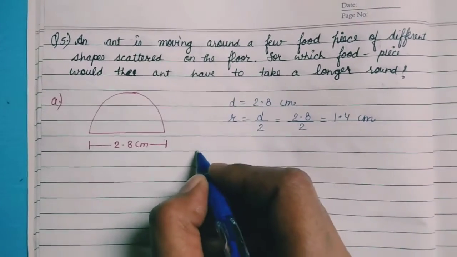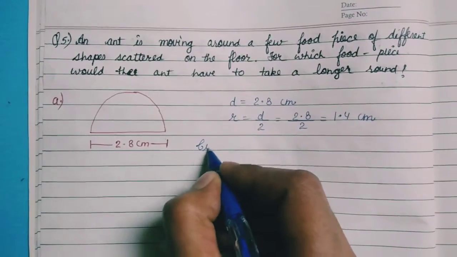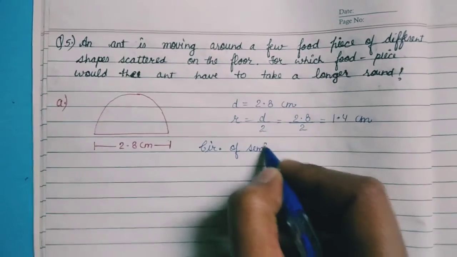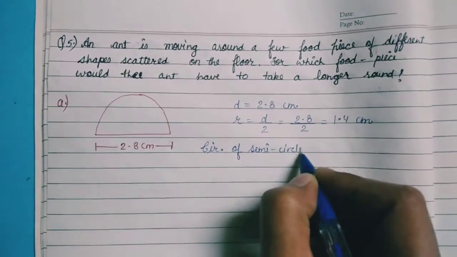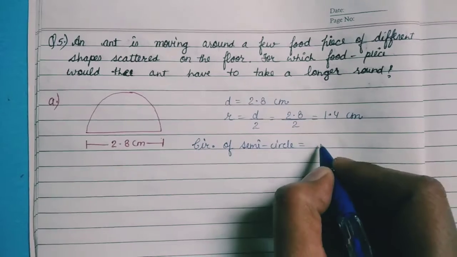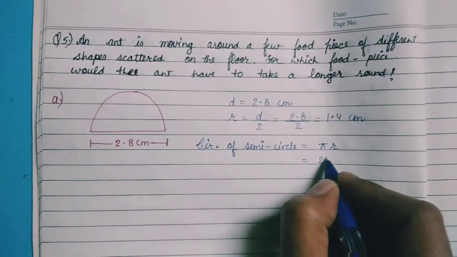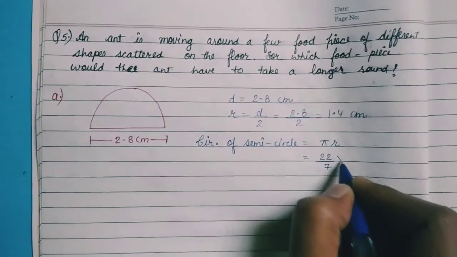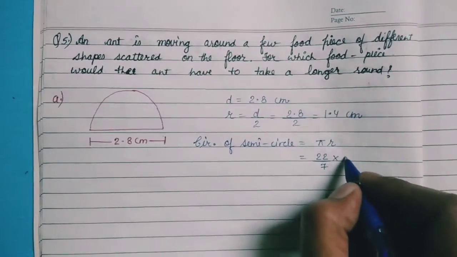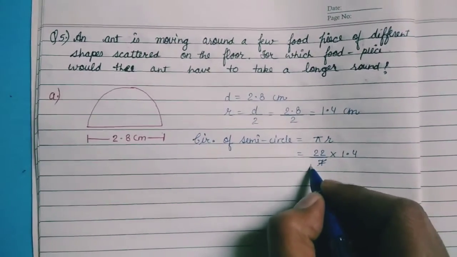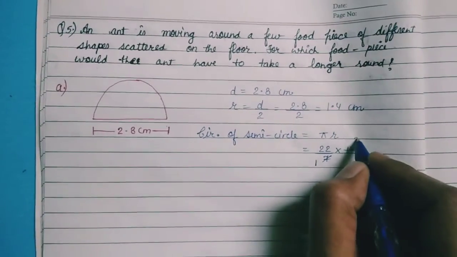It means that the circumference of the semicircle is pi r. So pi value is 22 by 7 and 1.4 is the radius. So 1.4 divided by 7: 7 1s are 7, 7 2s are 14.